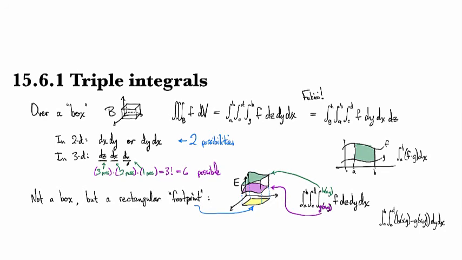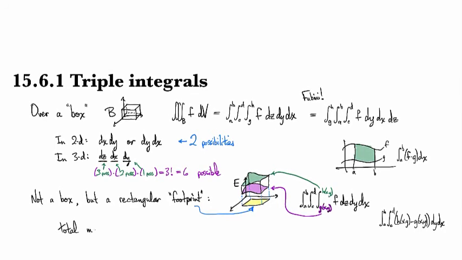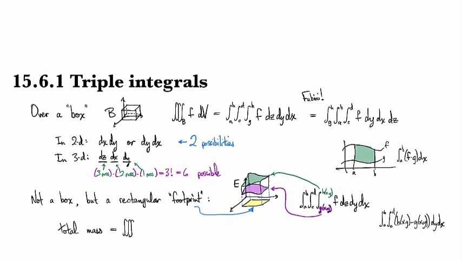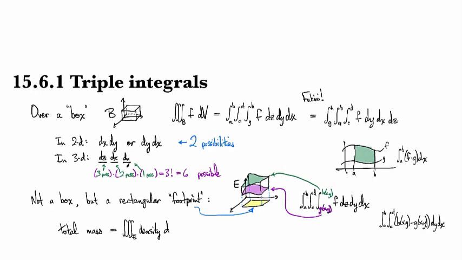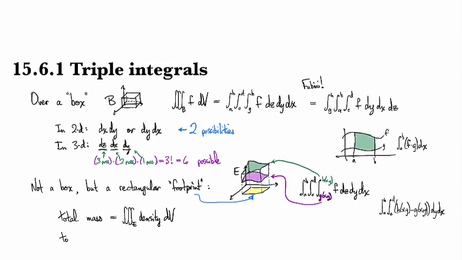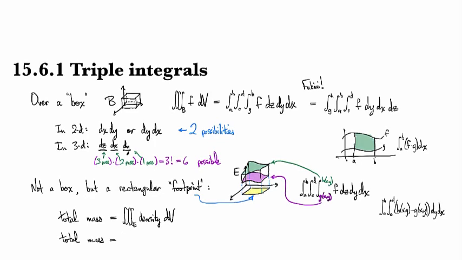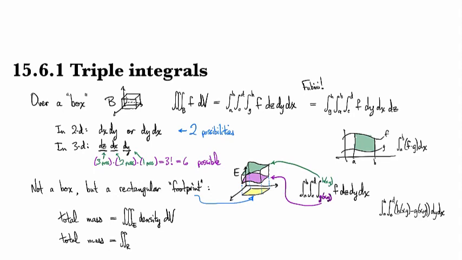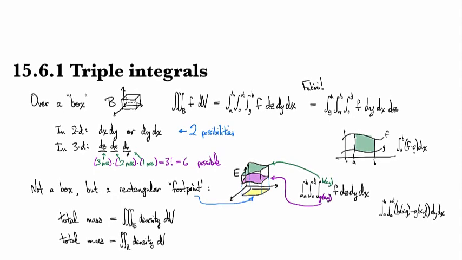So just as before, the total mass is going to be the triple integral of the density with respect to volume. Just like before, the total mass of a thin sheet was the double integral over the region of the density times area.